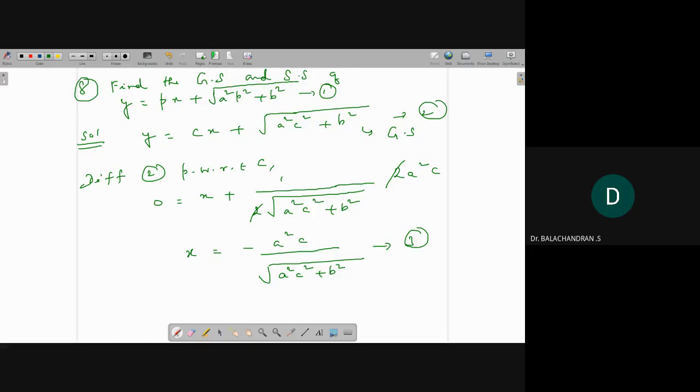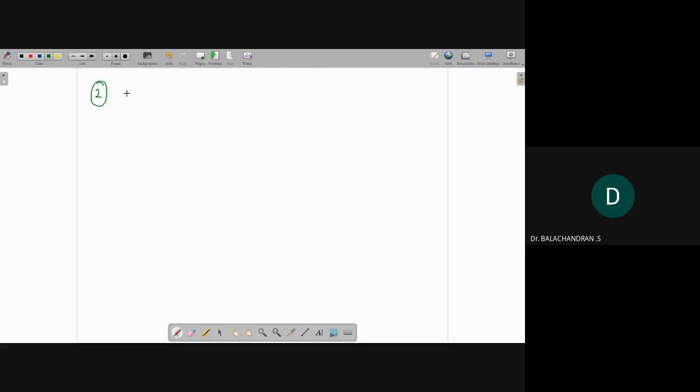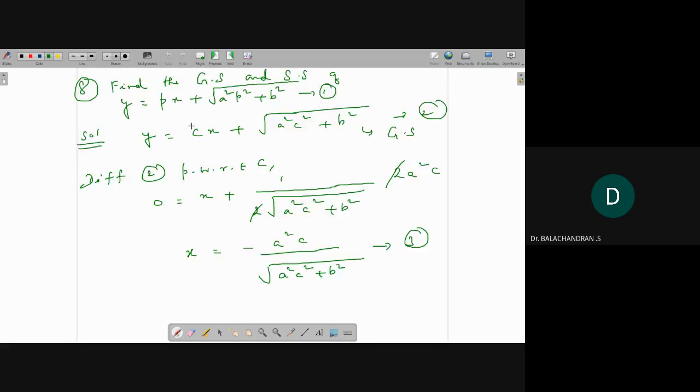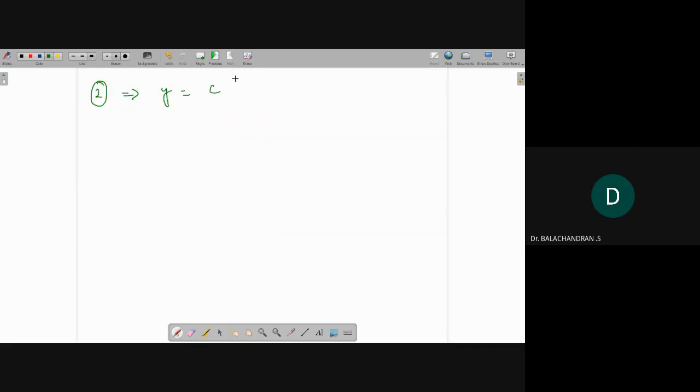So y equal to cx plus root of a square c square plus b square, with x equal to minus a square c divided by root of a square c square plus b square.